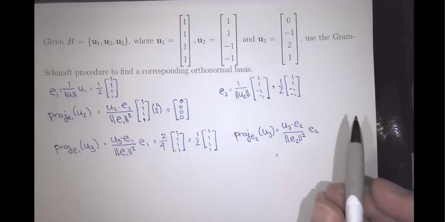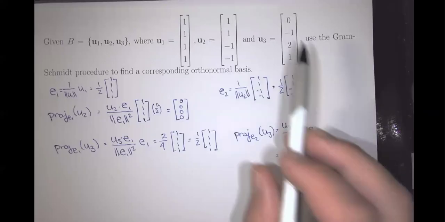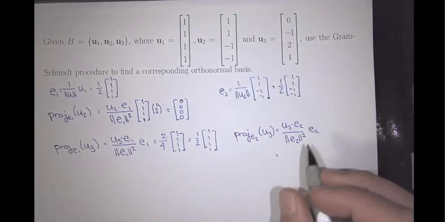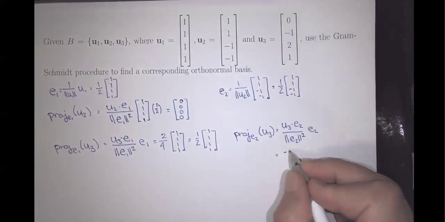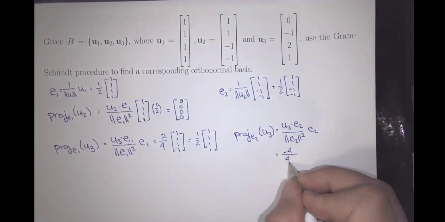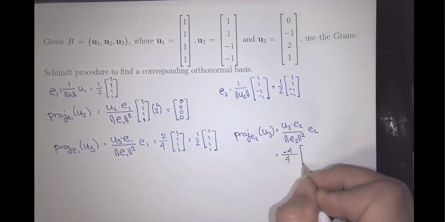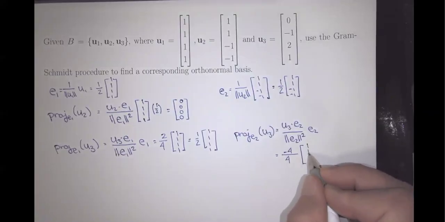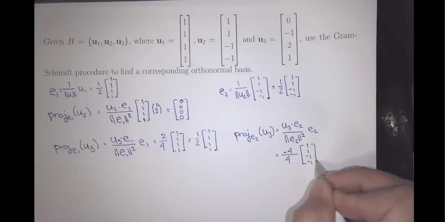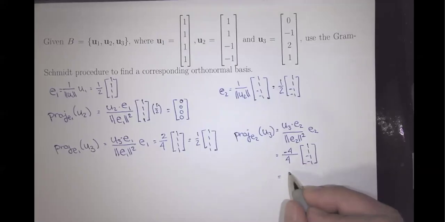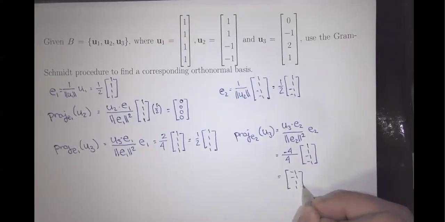U3 dot E2 is going to be 0, minus 1, minus 3, minus 4, divided by 4, times E2. So 1, 1, minus 1, minus 1. It's really just the negative of the vector. So minus 1, minus 1, 1, 1.